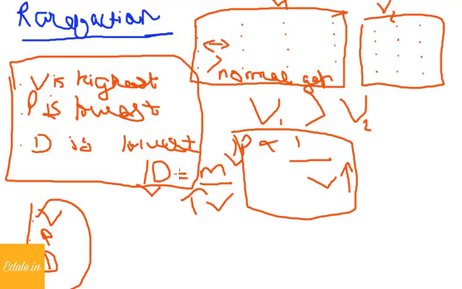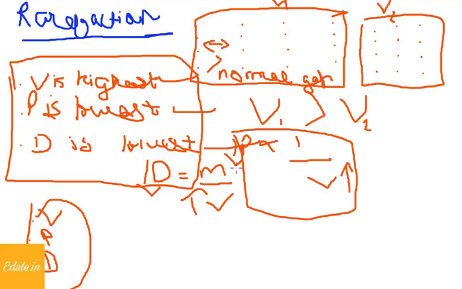Again, it is an area of low pressure here. Let me just revise it. Compression is an area of high pressure, and volume is lowest, I should say. Density is highest. Let's talk about rarefaction. This is highest, this is lowest, this is lowest.